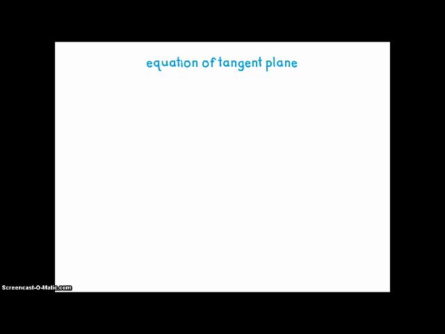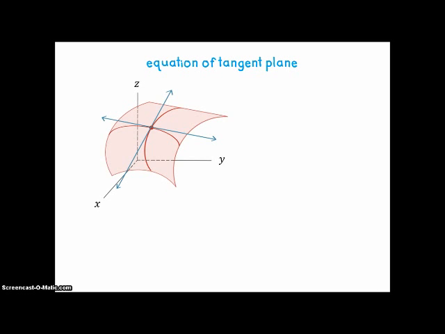So now we're going to look at the equation of the plane tangent to the surface. Here's our picture again with our x curve and its tangent line, and our y curve and its tangent line. And if we draw a vector on the line tangent to the x curve, the slope of that line, remember, is the partial derivative of z with respect to x.